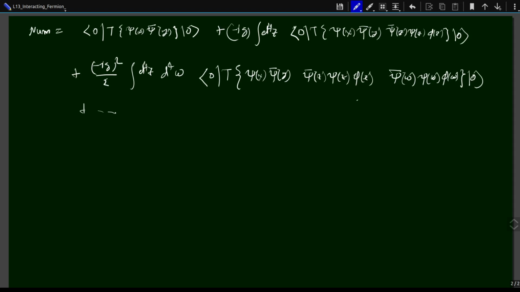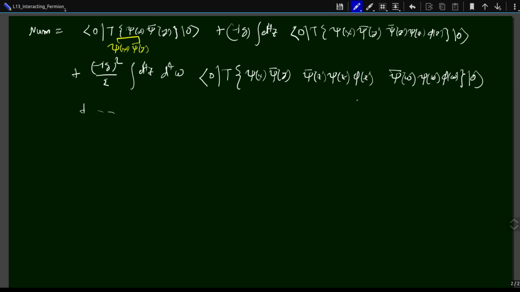So the very first term in the numerator is nothing but the propagator, right? So that's trivial. This is nothing but psi of x psi bar of y contracted, right? So when I have a time ordered product, that can be written as the normal order product plus the contraction.